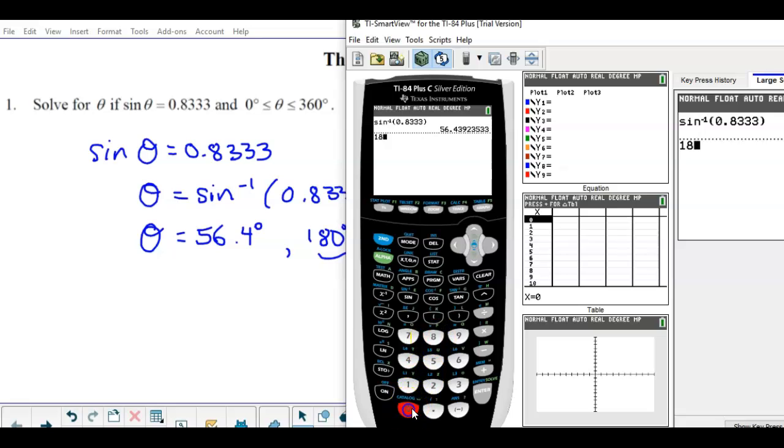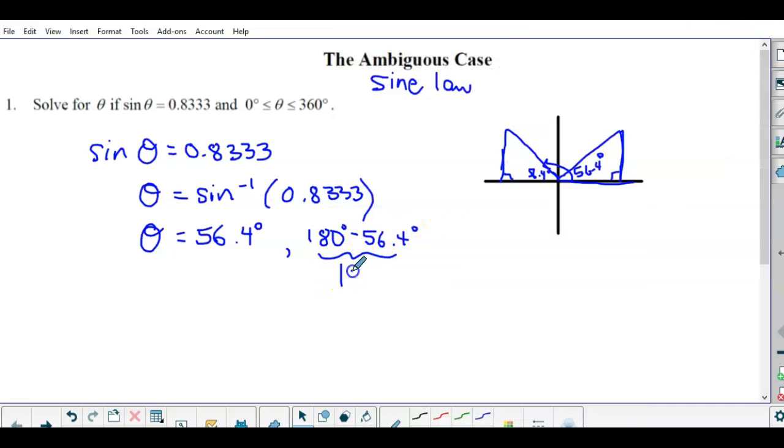Go 180 minus that answer, and you get 123.6. So that is another possible angle for a triangle.